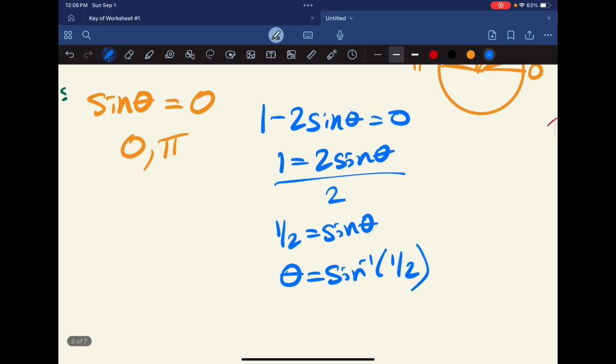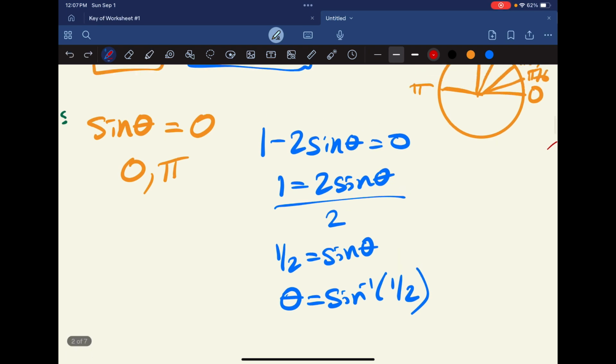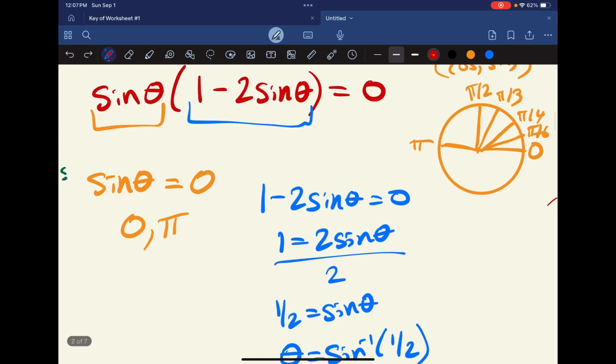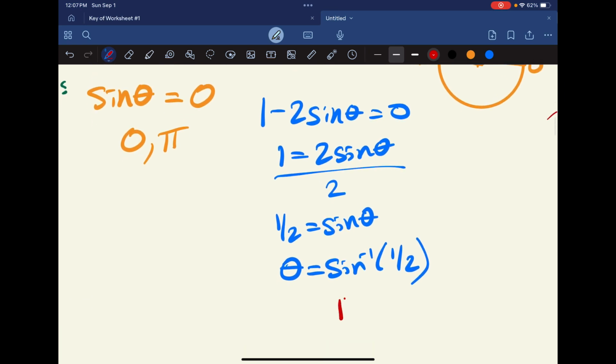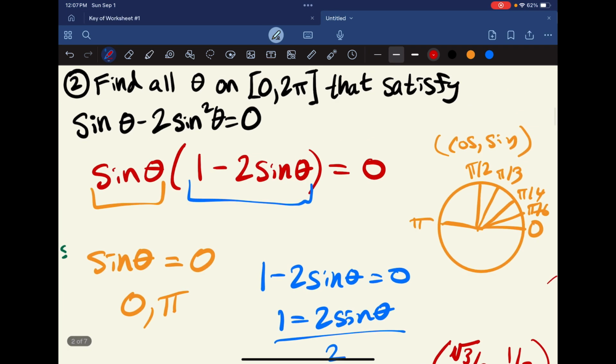And this is saying, okay, what angles on the unit circle give me a sine value of 1/2? That will be pi over 6, because the ordered pair of pi over 6 is root 3 over 2 comma 1/2. And so that has a sine value of 1/2, so we include it.